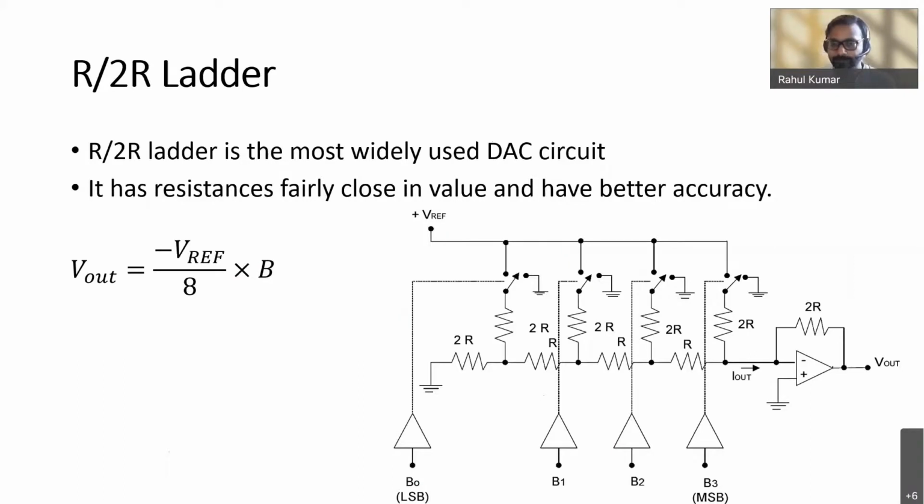Now, the next type of digital to analog converter is your R to 2R ladder, and this is important. Okay, so R to 2R ladder. Now in the previous case, in the 4-bit DAC, we have to use 4 precisely controlled resistors, right?